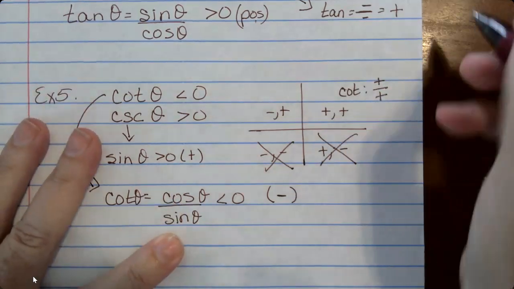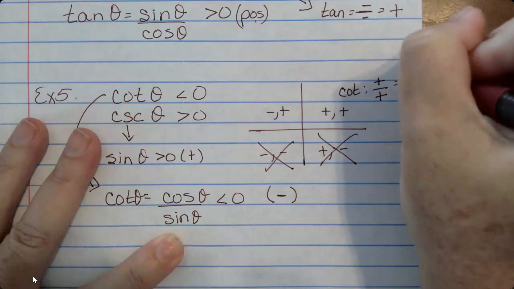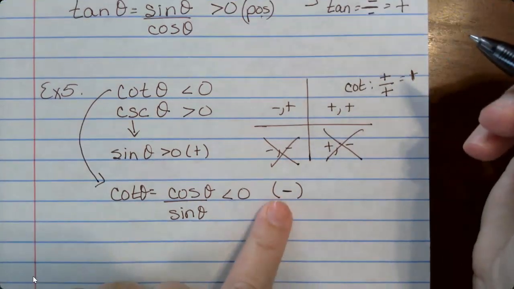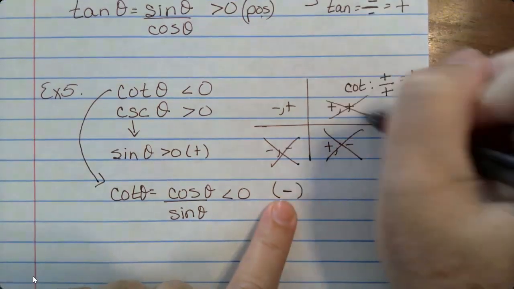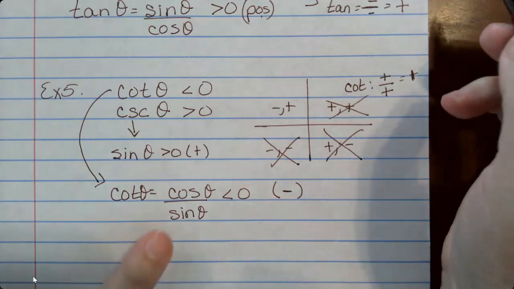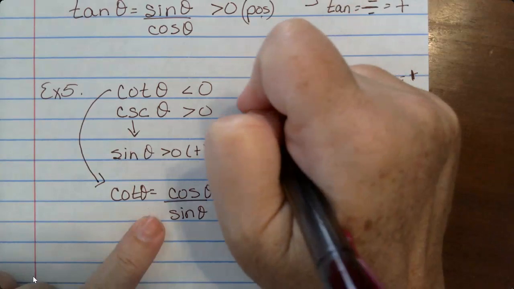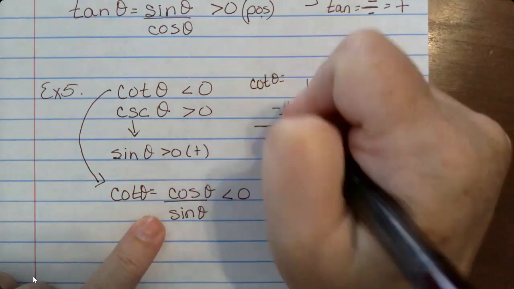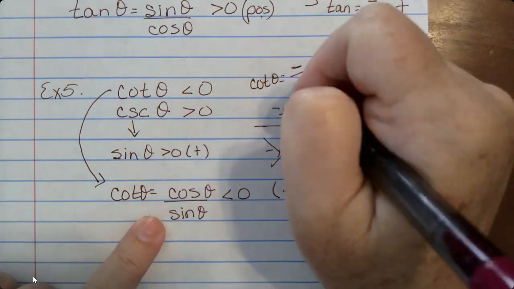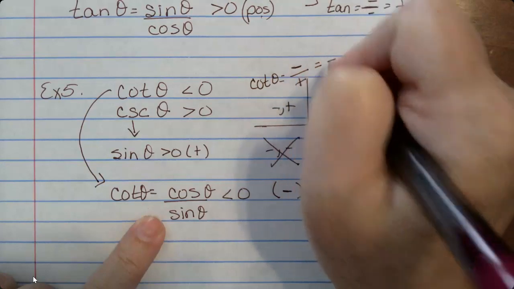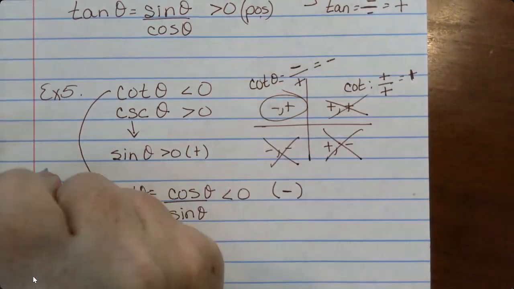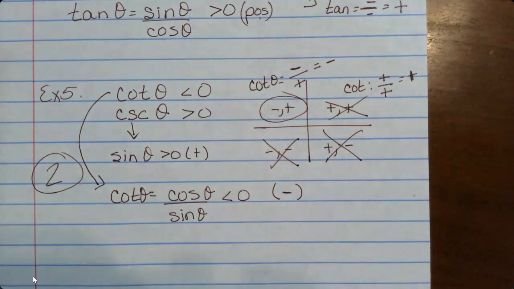A positive divided by a positive is a positive. Guess what we need? A negative. We're down to number 2, but let's just double check. So cotangent here is negative divided by a positive, which is a negative. And the answer here is in quadrant 2.